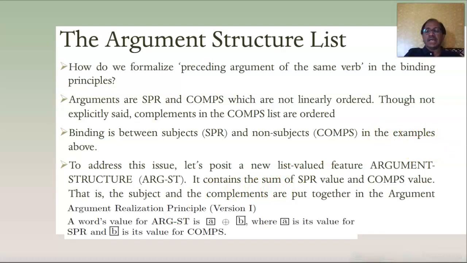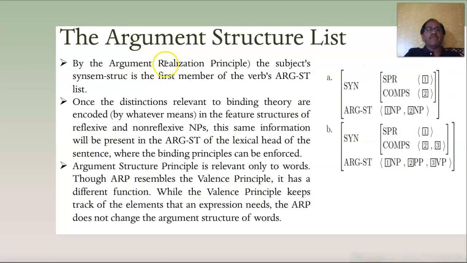By that principle, the argument realization principle, the subject synsem structure is the first member of the verb's argument structure list. What does it mean? We know in the feature structure for a word, we have specifier and comps. If it's a verb, we take the verb's lexical entry.